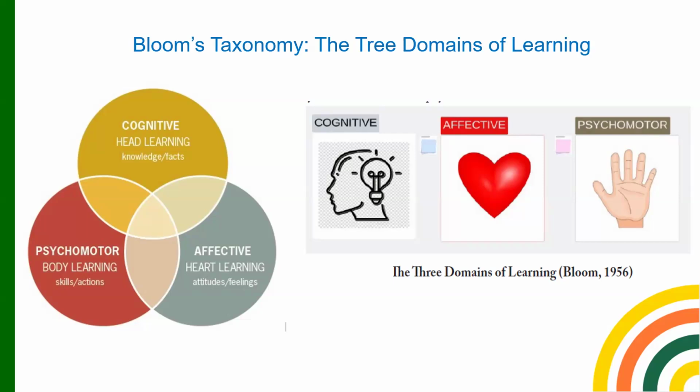So, the cognitive domain focuses on the intellectual part, and the affective domain focuses on the attitude and feeling side of a human. Similarly, psychomotor domain focuses on developing skills of human beings.